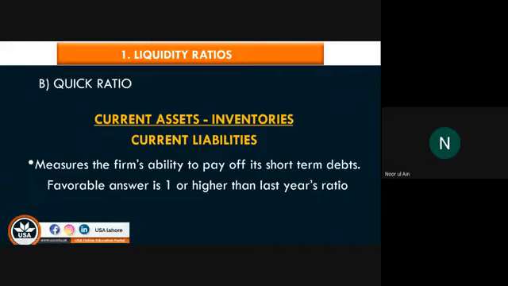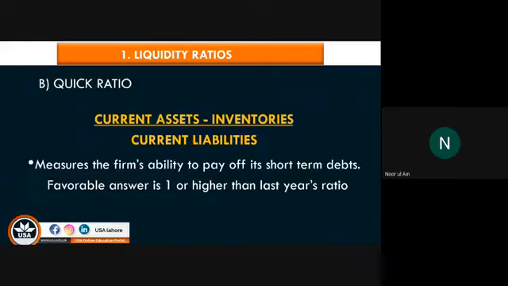For instance, in our current assets, there is one item which is inventories, which is a bit less liquid, and we'll exclude these inventories. We'll eliminate it from current assets. We'll deduct the value of inventories from current assets, and we'll only use the assets which are more liquid, because inventories are not close to cash.